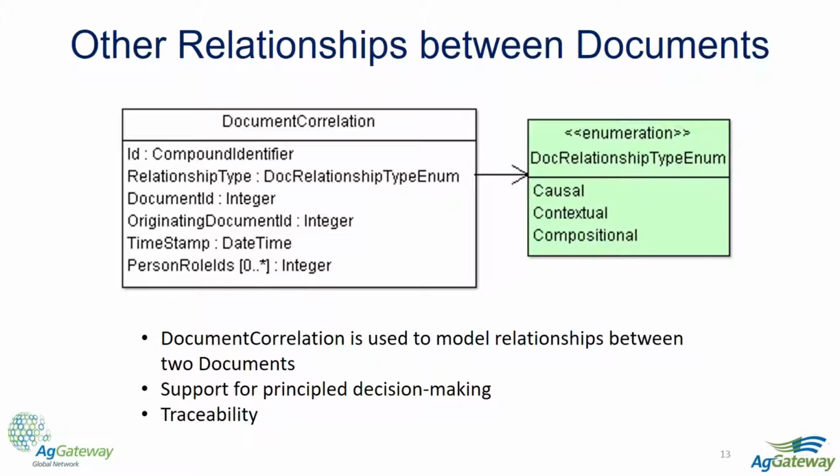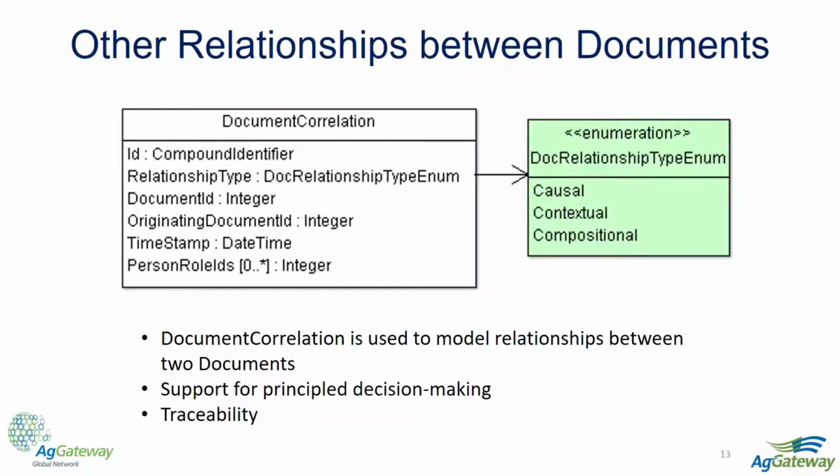And compositional is the third kind of relationship, which is where, for example, a set of photos or audio recordings may be considered to form part of a set of observations and measurements, a scouting report, if you will. So as you can see, I'm naming other documents, which we're calling broadly supporting documents, that aren't in that group of core documents before, but we intend to use the document correlation structure for all of them.